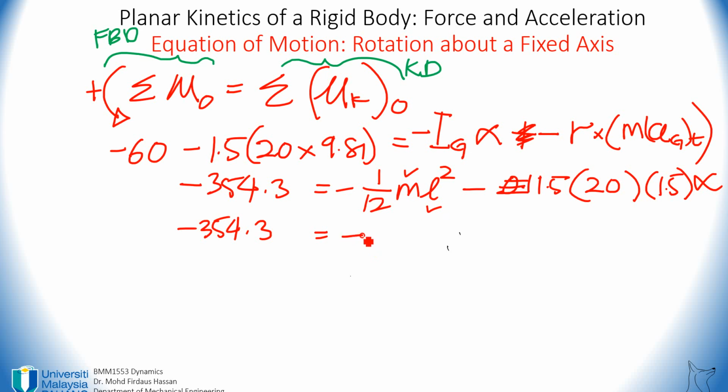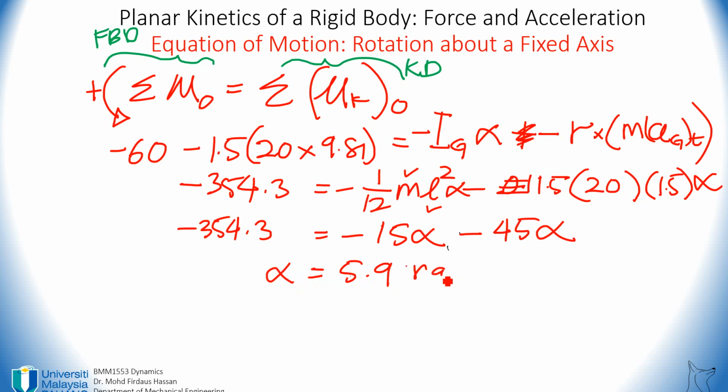So here is negative 5 alpha, don't forget, 15 alpha, and here is 45 alpha. So here basically you can get the value of alpha directly. Alpha is equal to 5.9 radian per second square.